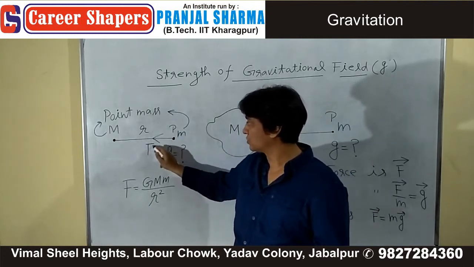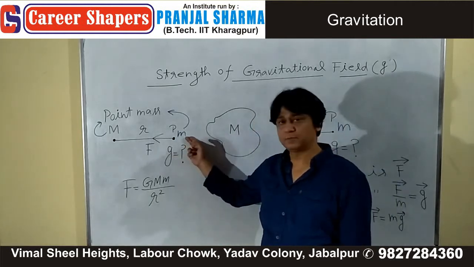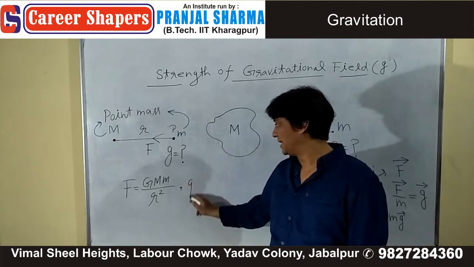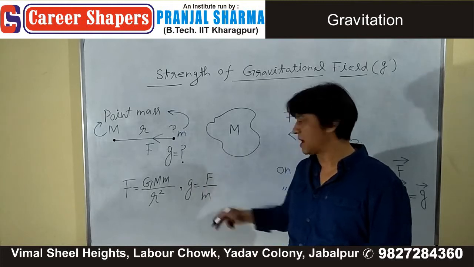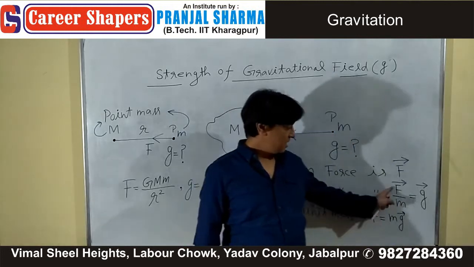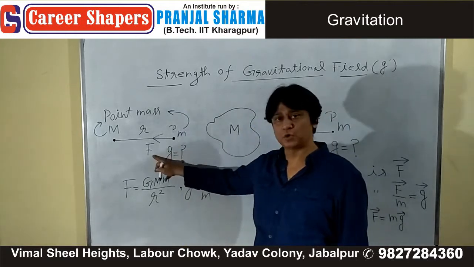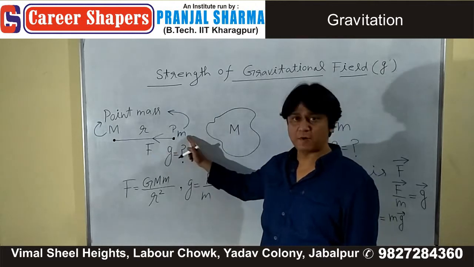That's the direction of force. And once you have force on this end, how do you find g? To find g, you simply write F divided by m. On m, this much force is present, and therefore on unit mass, what is the force? F divided by m.